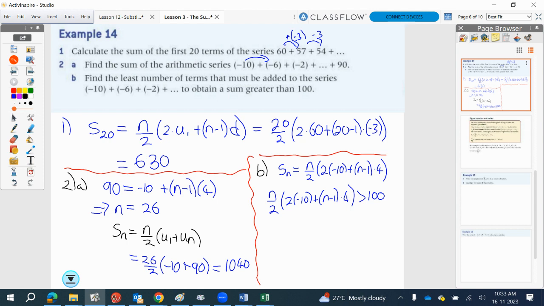If it is an integer, then you don't have to round up. Actually, no, you do have to round up either way, because it has to be greater than 100, not equal to 100.